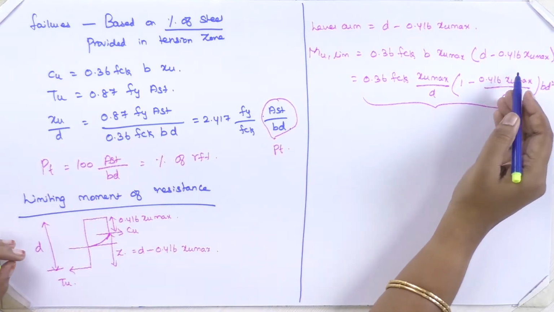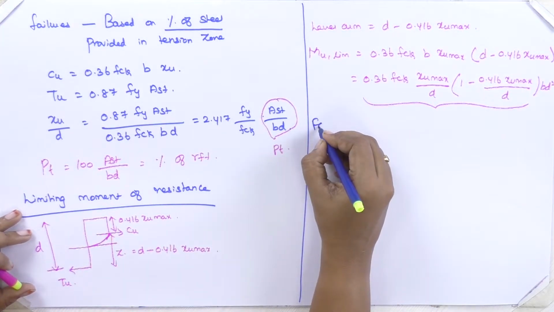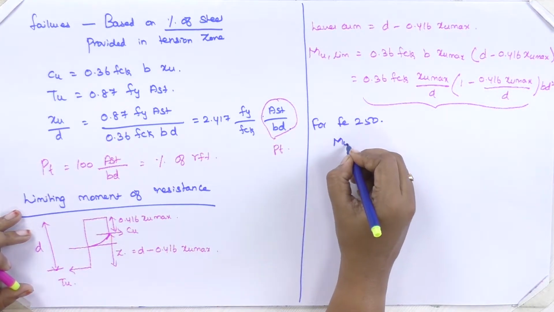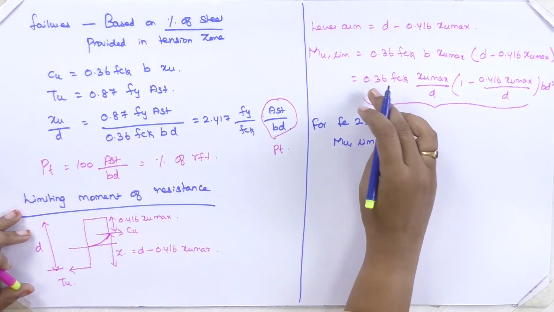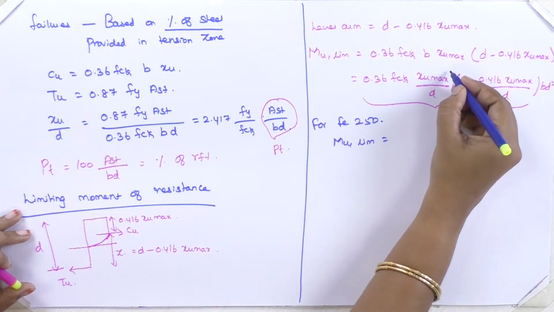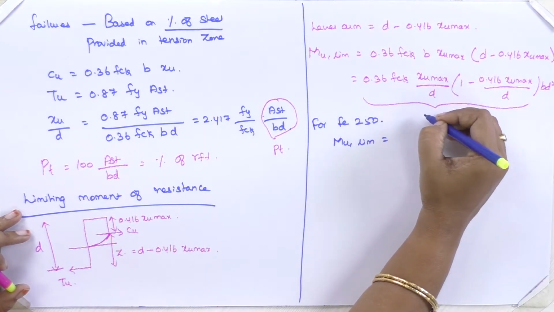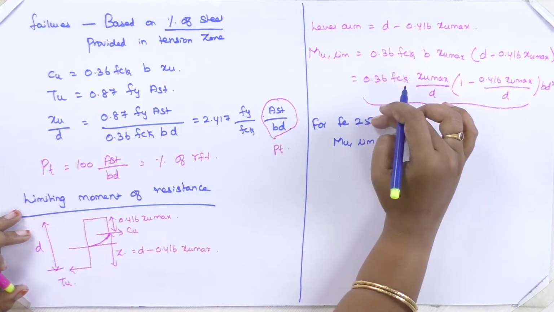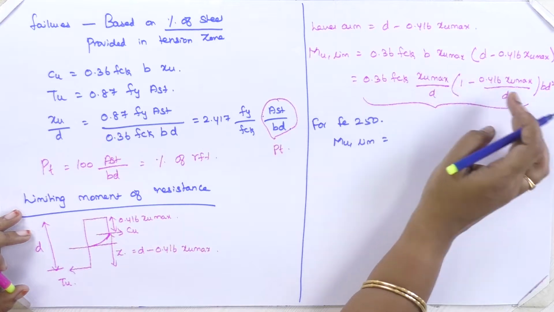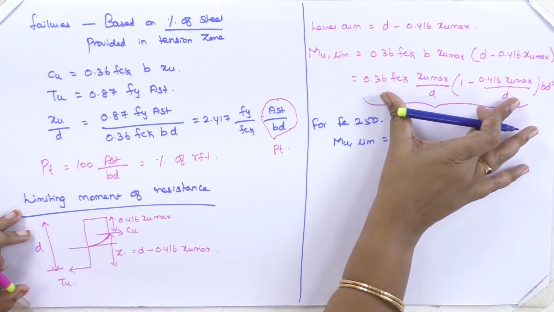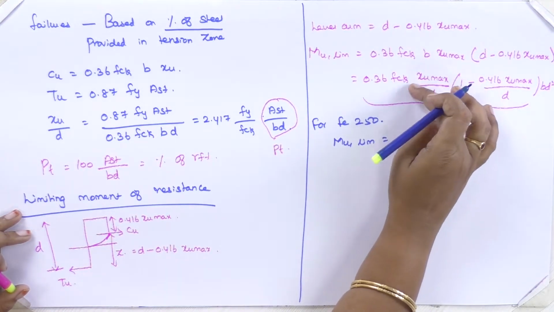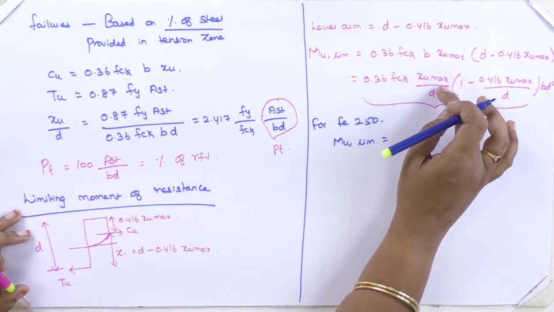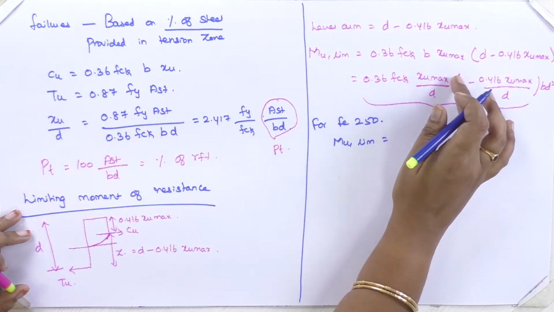When you change the value of fy, for example you are putting steel as Fe250, the Mu limit will change, since this Xu max is purely based on your yield stress in steel. It is there in your code book. When you give Fe250, you can directly plot the values for Xu max by d.